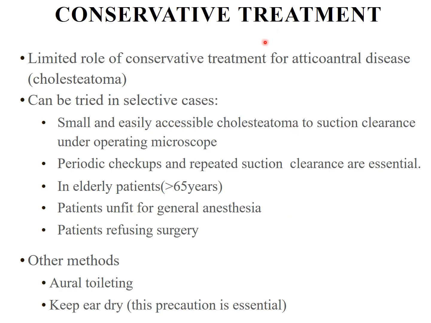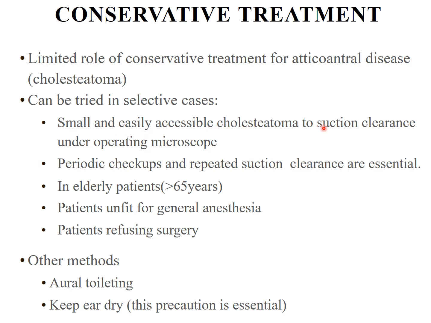Conservative treatment. Yes, a conservative treatment can be given, but it has a very limited role, especially in cholesteatoma. It can be tried in selective cases, as I already mentioned in the picture, in which a small cholesteatomatous mass is visible in a small retraction pocket, small and easily accessible.